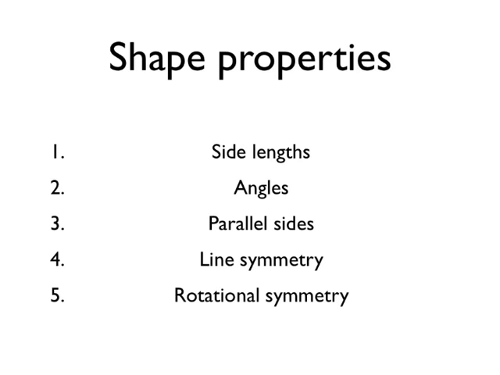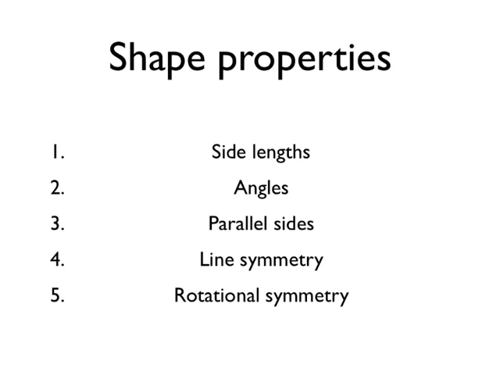And you would be able to say, well, I know this because the kite has two pairs of sides that have the same length, whereas on a rhombus there are four sides which all have the same length. So both shapes have four sides, but on a kite there are two pairs of sides which have the same length, whereas on a rhombus all four sides are the same length.